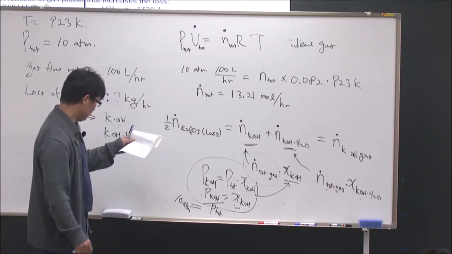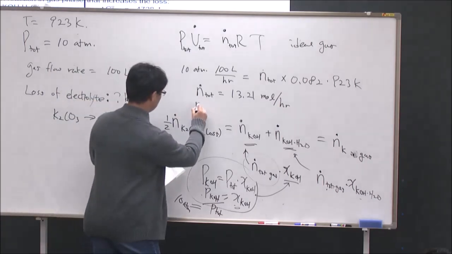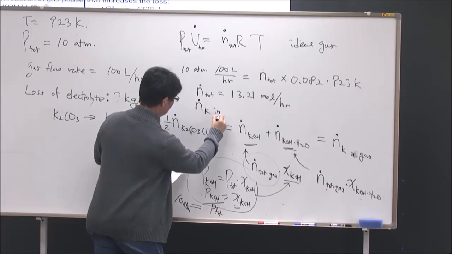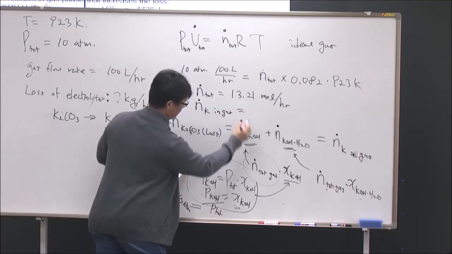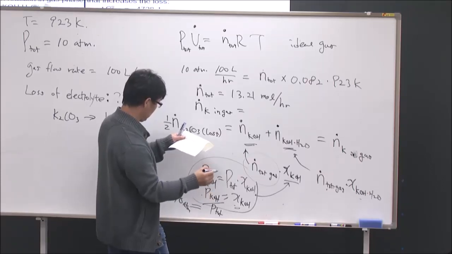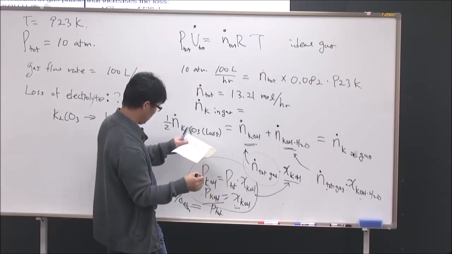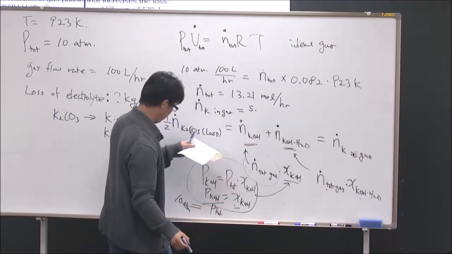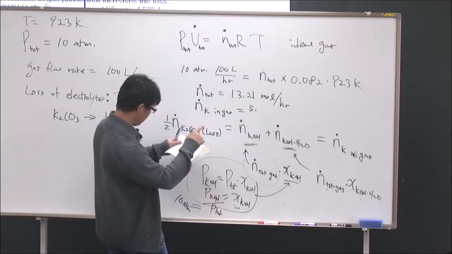So N of K in gas phase, these two together, is about P total, so if you do it, 5.27 and so on.